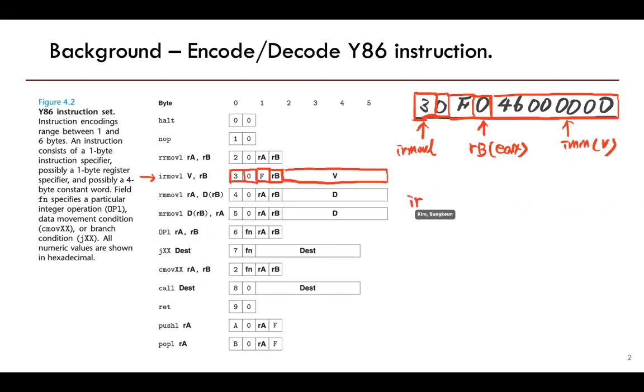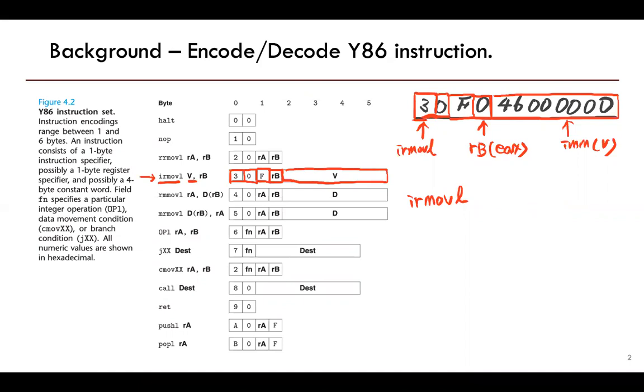So irmovl, and then the second place is the immediate value. So 46000000. But this is not the exact immediate value. This is an incorrect value. Why?